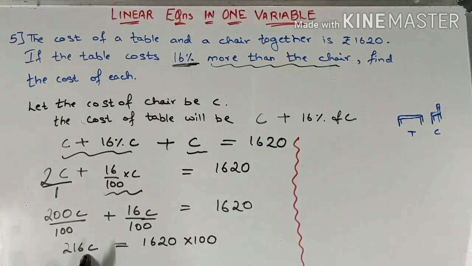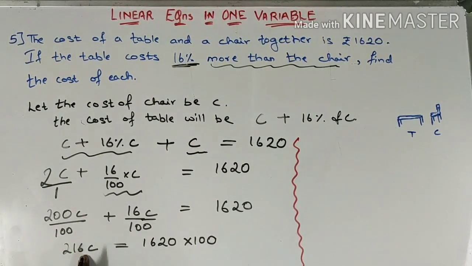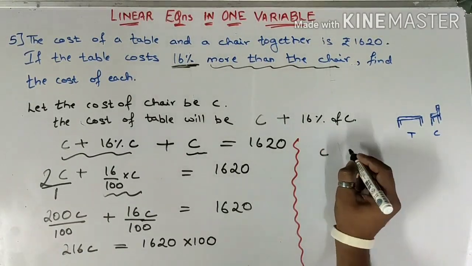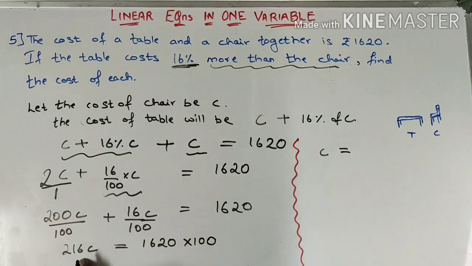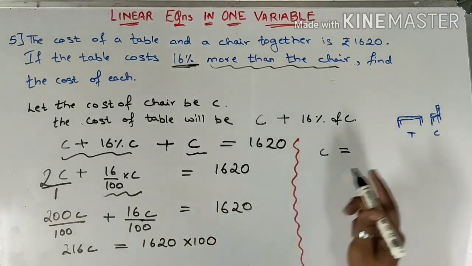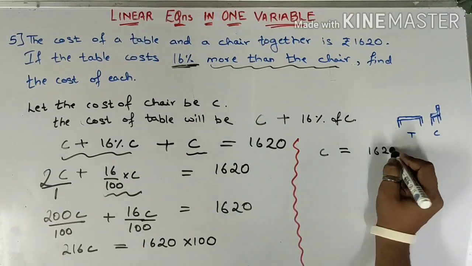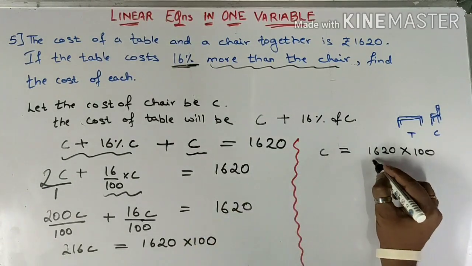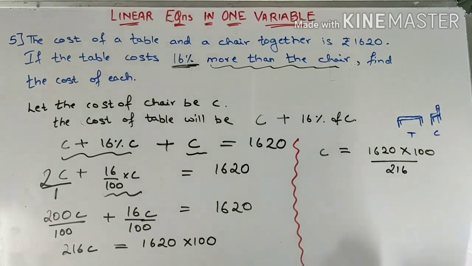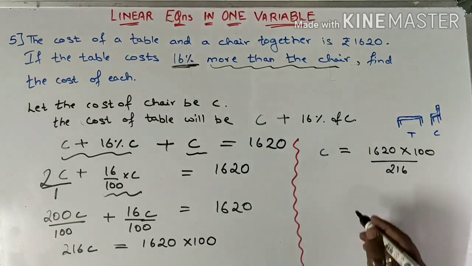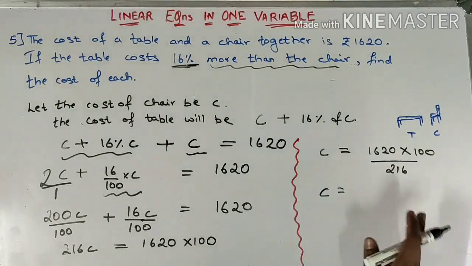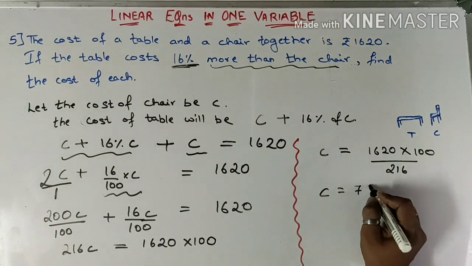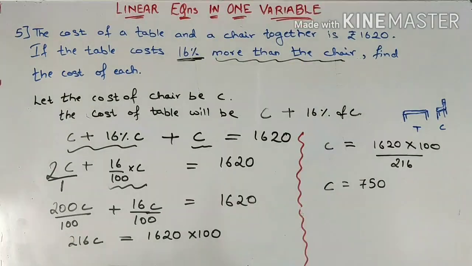To get rid of this 216, I'll have to divide both the sides by 216. So C, 216 by 216 will give me 1C. So C is equal to 1620 multiplied by 100 divided by 216. When I simplify this, I get the answer as 750. So this is the cost of my chair.